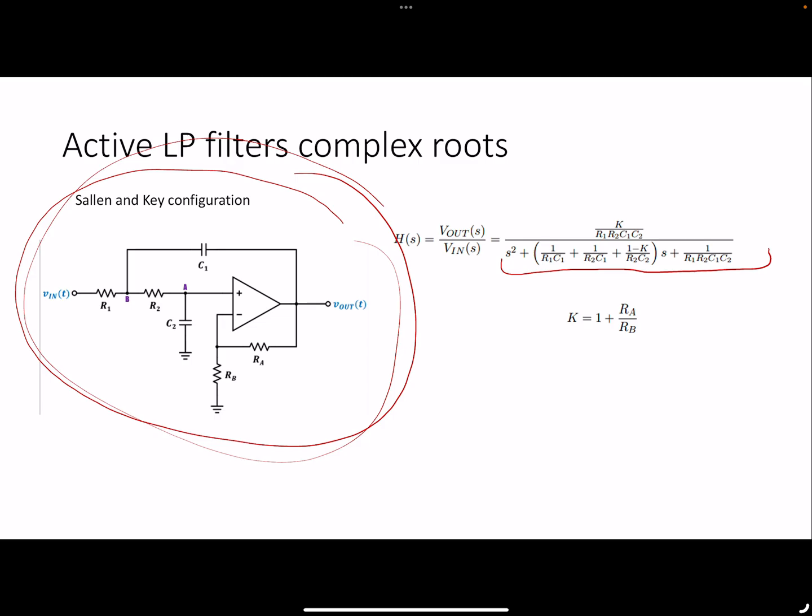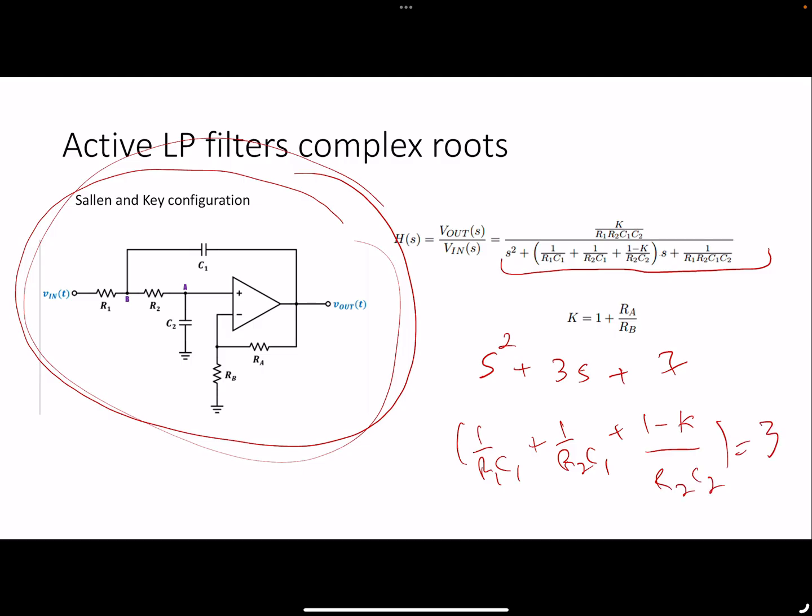So if you need a denominator polynomial of s squared plus 3s plus 7, then you're just going to choose 1 over R1 C1 plus 1 over R2 C1 plus 1 minus K over R2 C2 equal to 3.